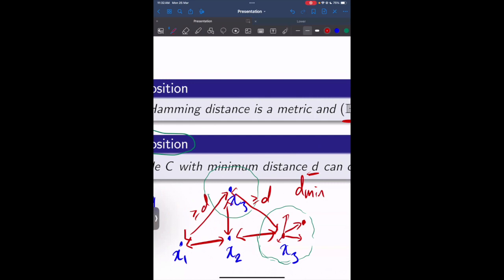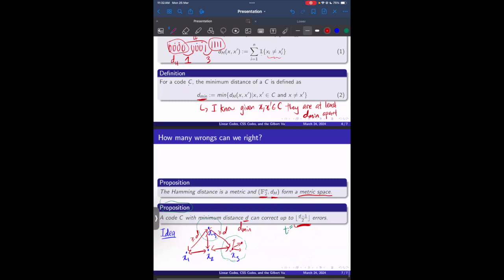So all I need to do is look at the center of the ball and I will know what valid codeword was intended to be sent. That is the rough idea of why a code with minimum distance d can correct up to (d minus 1) over 2 errors.